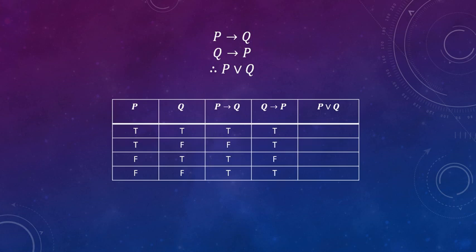We said we're only concerned about the rows in which both hypotheses are true simultaneously, right?